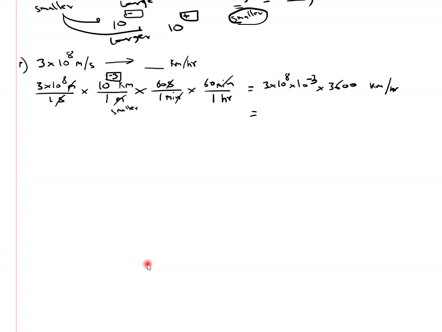In short, 6 times 3 is 18, 8, 1, 3 times 3 is 9, plus 1, 10. 108, 0, 0 into 10 raised to 5 if you add these two together. And this will land up to be 108 into 10 raised to 7.